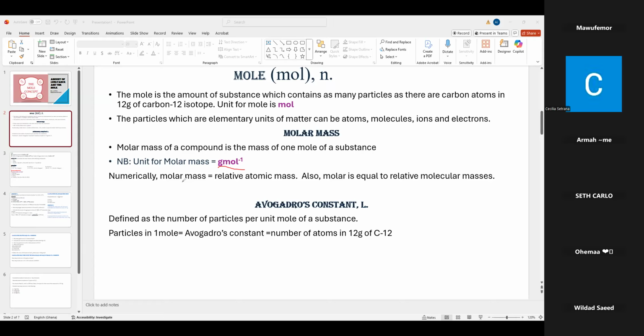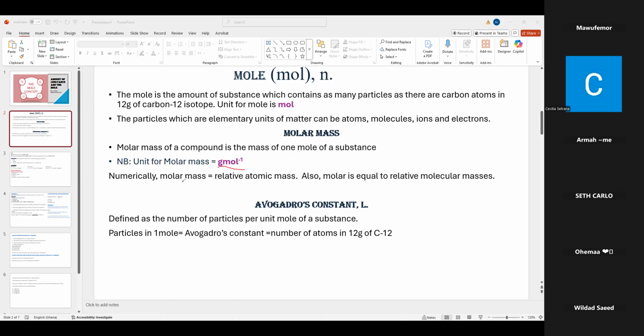I hope you are clear. So 1 mole of an Avogadro's constant is a constant, equal to 6.023 times 10 to the power 23. That is for the Avogadro's constant.